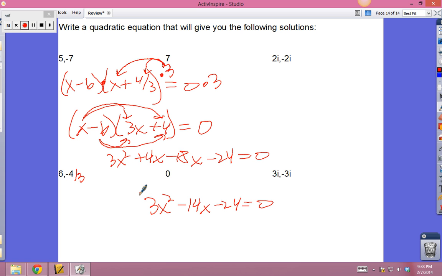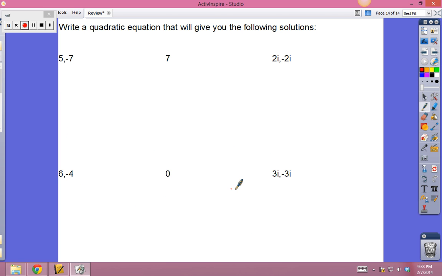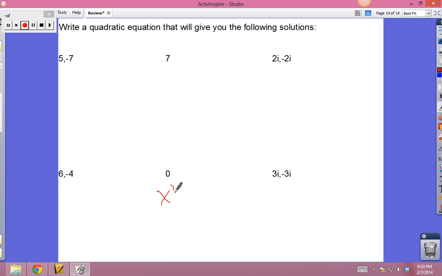And this will give you 2 solutions, one of them at 6 and one of them at negative 4 thirds. Alright, 0, that is just x squared is 0, and 3i, negative 3i, that is x squared equals a negative 9, or x squared plus 9 equals 0, and that is it.